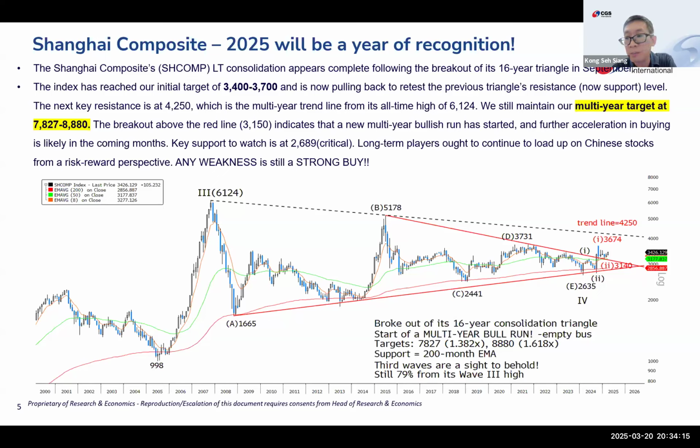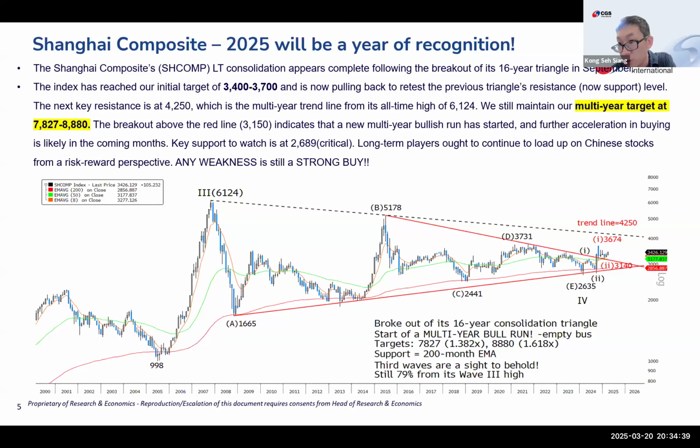Basically, if we take a look, the 16-year consolidation from the 2007 highs for the Shanghai Composite is very likely completed, and we could be at the start of a major bull run here in China. As I mentioned, third waves are usually the strongest, and you can see that in the Shanghai Composite as well.